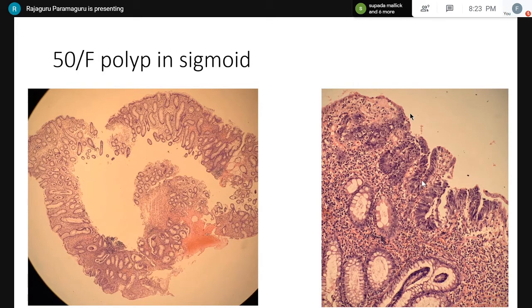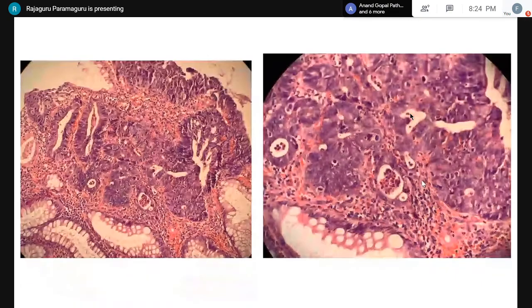So I went ahead and did deeper sections, and still the dysplastic changes were more prominent, with a lot of crowding of the glands, and I went still deeper.